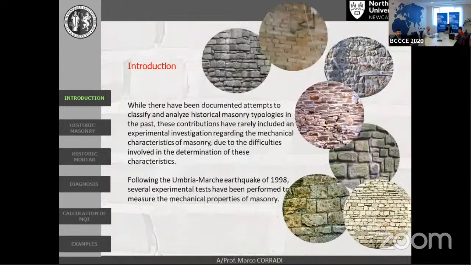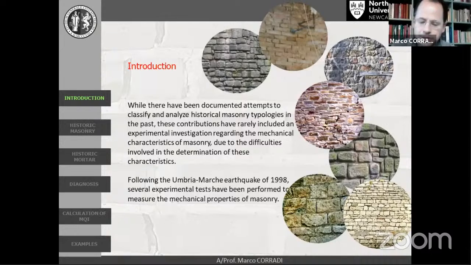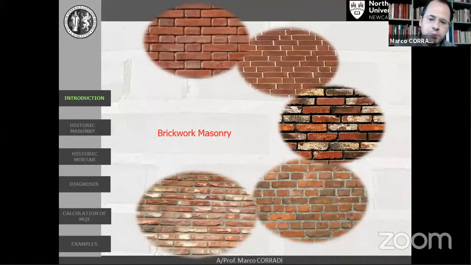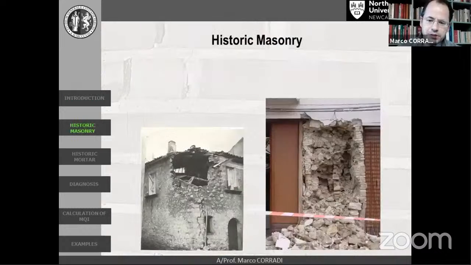So that was about different typologies of stone masonry, and here different typologies of bonding patterns. All these things may sometimes have a critical effect on the mechanical properties. For example, here you can see a cross section of a 1 meter thick wall.